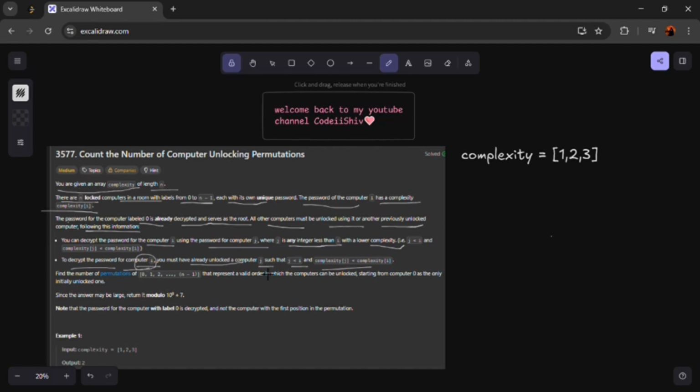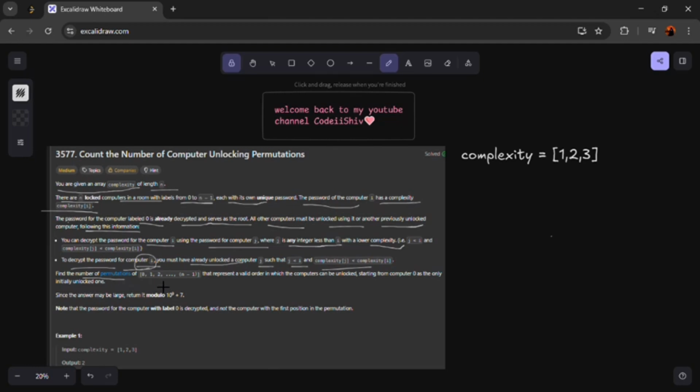So these two conditions must be fulfilled: if you want to unlock computer i, then j must be less than i, the complexity of j must be less than the complexity of i, and computer j must already be unlocked.